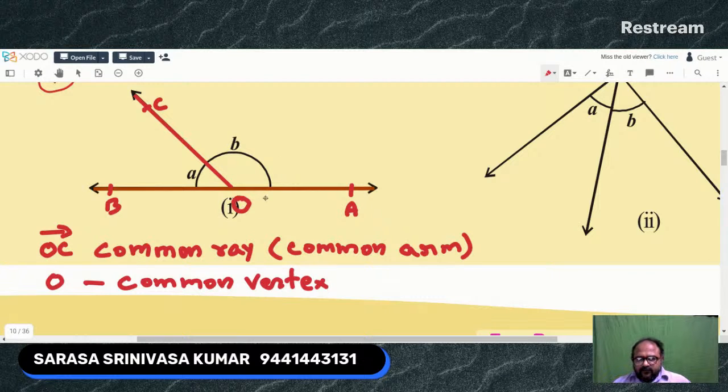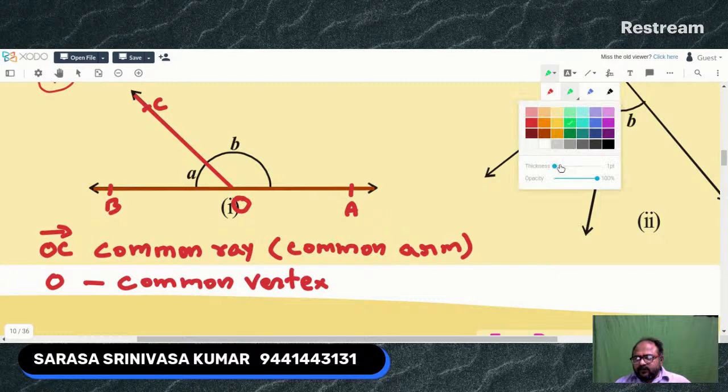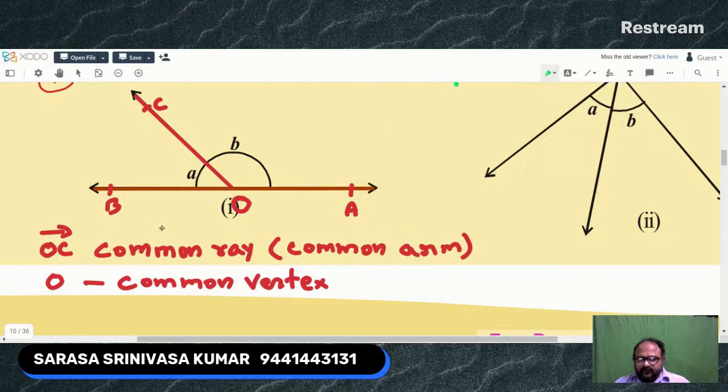So from this, can you say that A and B are adjacent angles? By the definition of adjacent angles, you can say that angle A and angle B are adjacent angles.